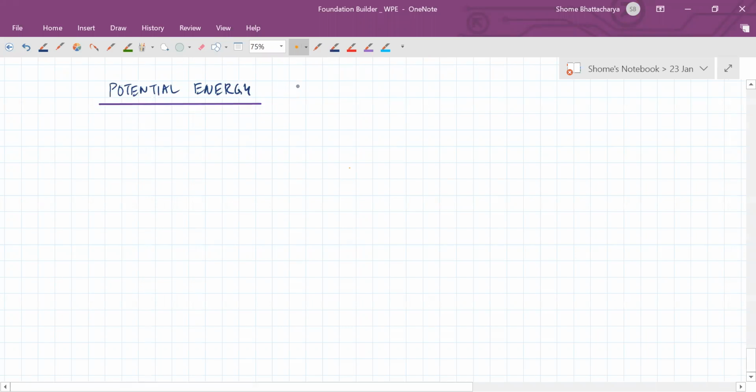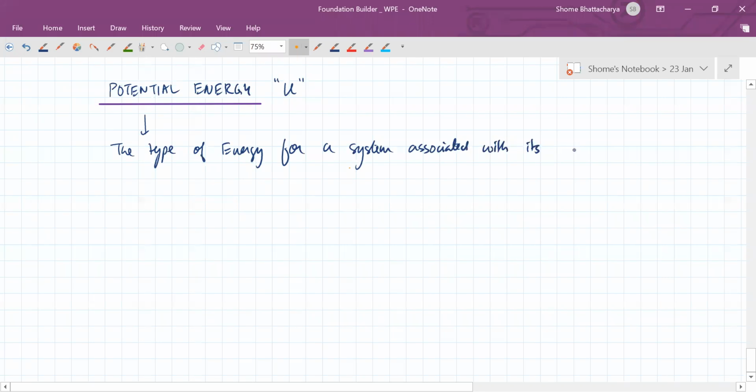So we generally denote this potential energy with the symbol capital U. So potential energy is the type of energy for a system associated with its state, the state of the system, or we can also say configuration of the system.